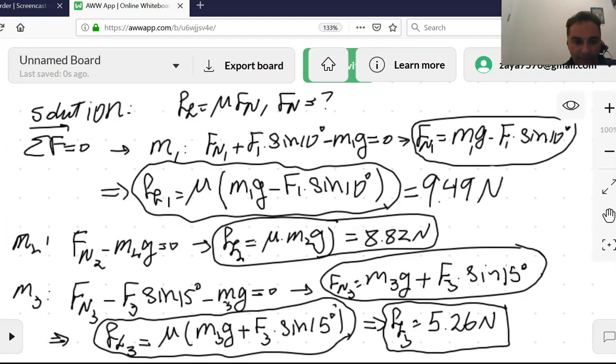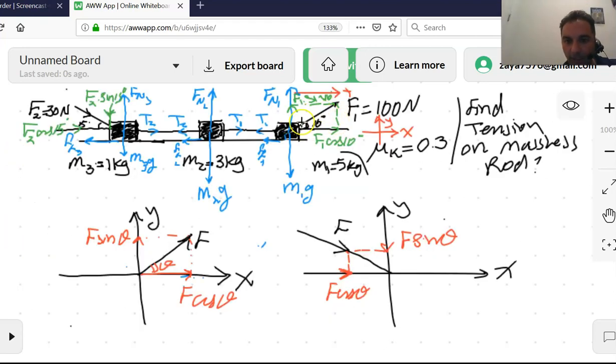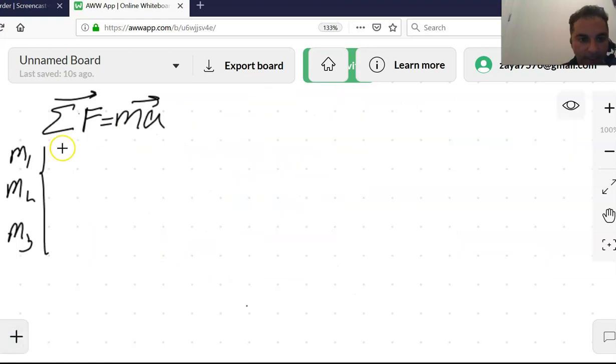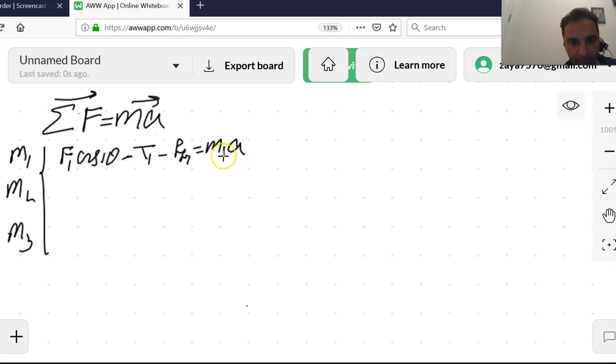All right, let's do it together. What do we have for m1 on the x-axis, just cover m2, m3, everything. So let's go only on the x-axis for m1. I have F1 cosine 10 minus T1 minus FF1 equal m1a, correct?